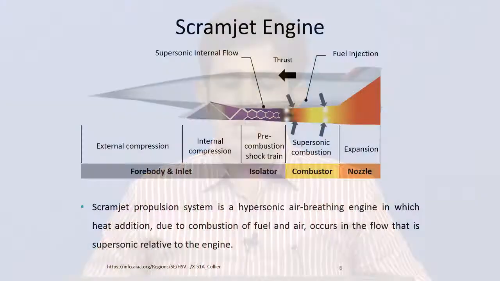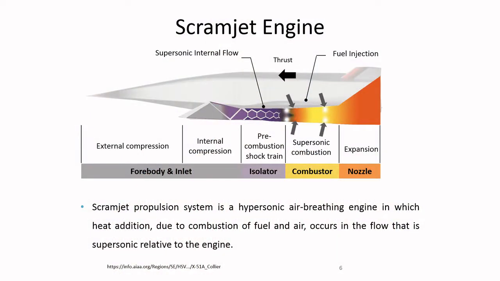So the only option, if you want to operate a Mach 12 engine, is that you have to work in a scramjet mode where your combustion must happen in supersonic air. Okay. So, this is the scramjet engine as you see.